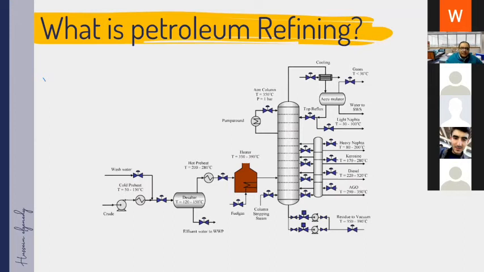Each component or group of components boils at a different boiling point. This is the main concept of the distillation tower: separating the components based on their boiling point. And from this, each component goes for further processing, maybe reforming or blending.